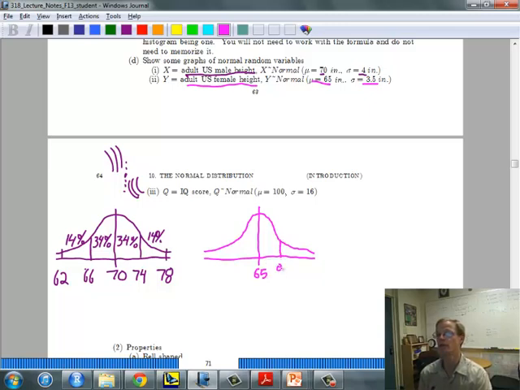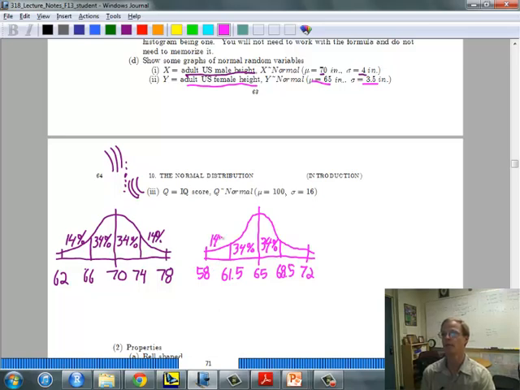So I'm just going to go 68.5. And that's one standard deviation up. Going down here, we'll have 61.5. And again, 34% of the data is within the first standard deviation above and below. If you go 2 standard deviations, we'll go up to 72. We'll go down here to 58.